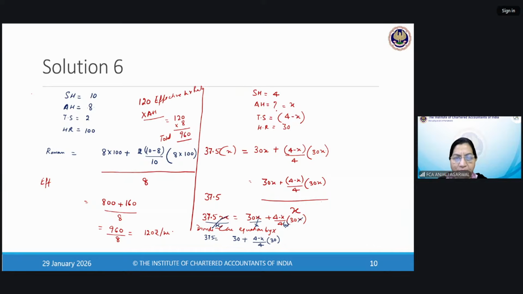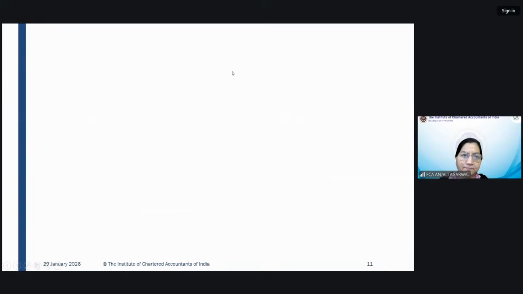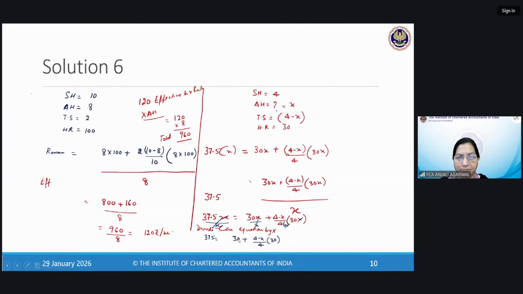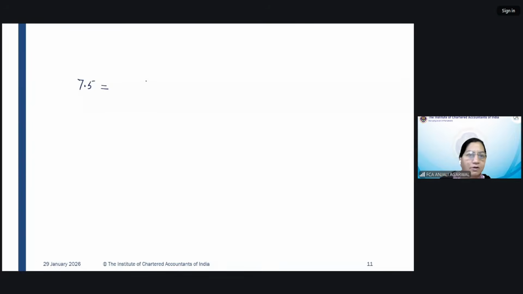Then you have 37.5 minus 30, so you have 7.5 is equivalent to (4 minus x)/4 into 30.